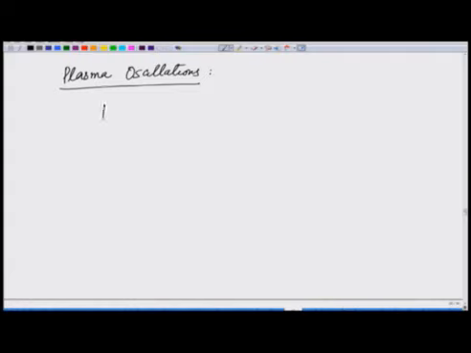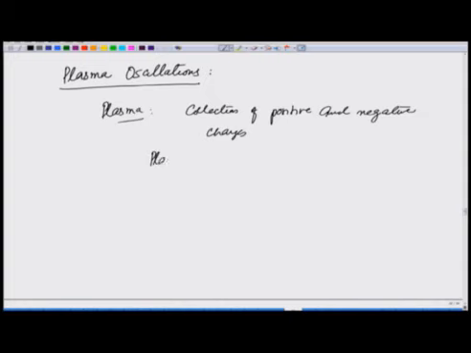A plasma is a collection of positive and negative charges, and when they are displaced with respect to each other, as I will show in the problem, they start oscillating together, and that is called plasma oscillations.